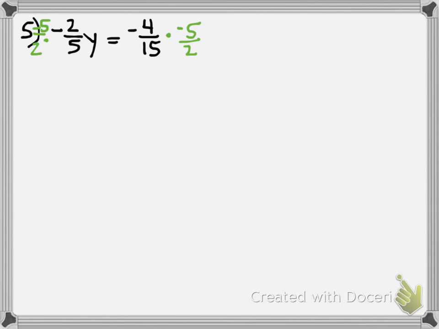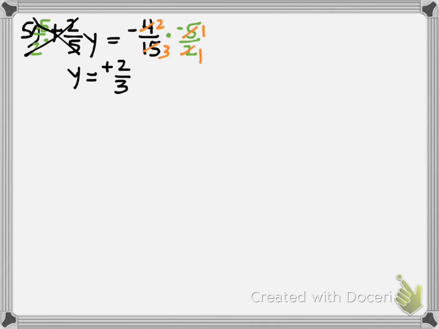So on the right side, we have these cancel, the signs. 2 negatives make a positive, so we get y equals. Over here, my signs are the same, so I'm going to get a positive, so I can put him in, and now I can start working on my problem. 2 goes into itself once and into 4 twice. 5 goes into itself once and into 15 3 times. I'm left with 2 times 1 is 2, and 3 times 1 is 3.